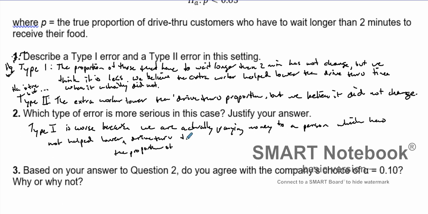And that's kind of bad. Why is that bad? Well, you're hurting the company because you're wasting money.